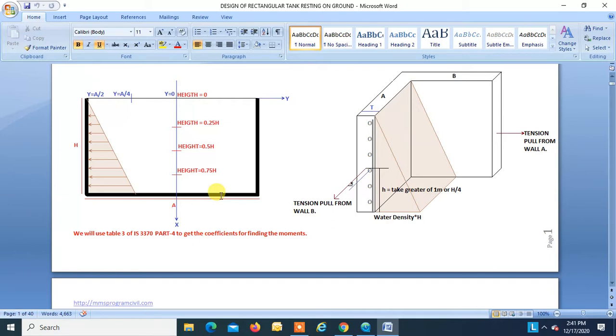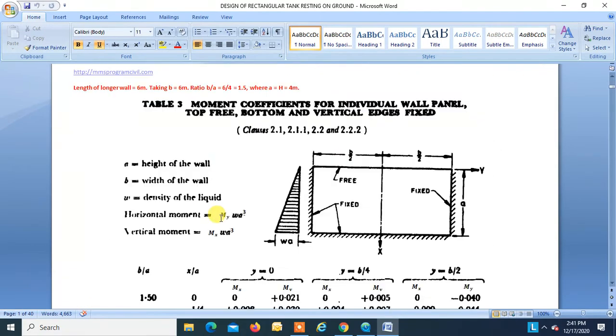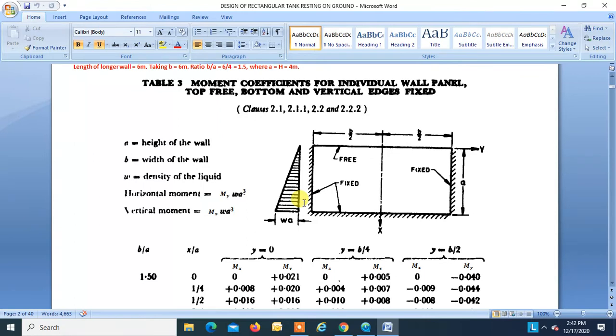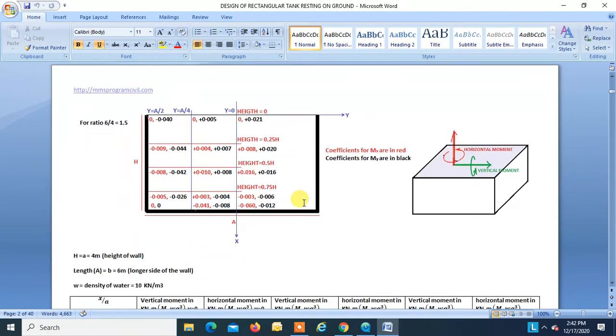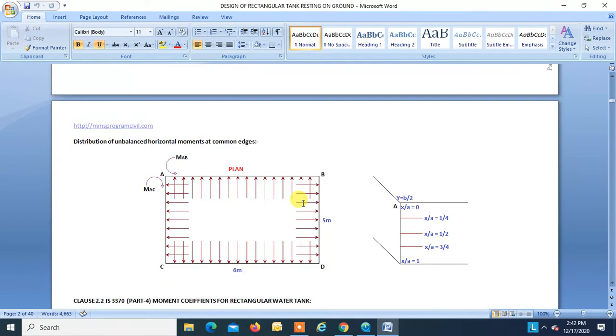So these coefficients are for individual panels. But the code says that you can use these coefficients for a rectangular wall. Let me explain. This is our rectangular water tank, right? If this water tank is found to be a square water tank, that is length is 6 meter and width is 6 meter, then the coefficient for this wall will remain the coefficient for this wall also, because the length of these two walls is the same.